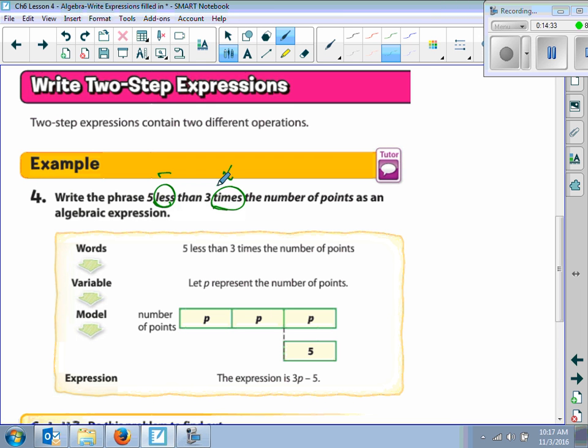Now we want 5 less than that, so we're going to subtract 5 from that whole chunk. And there's my minus 5.